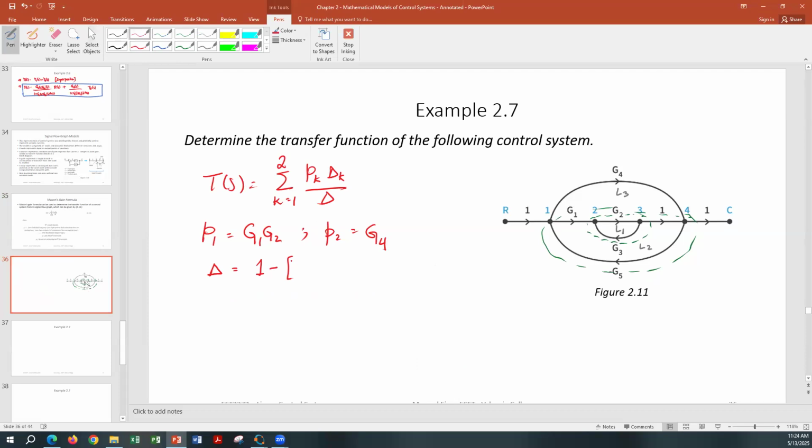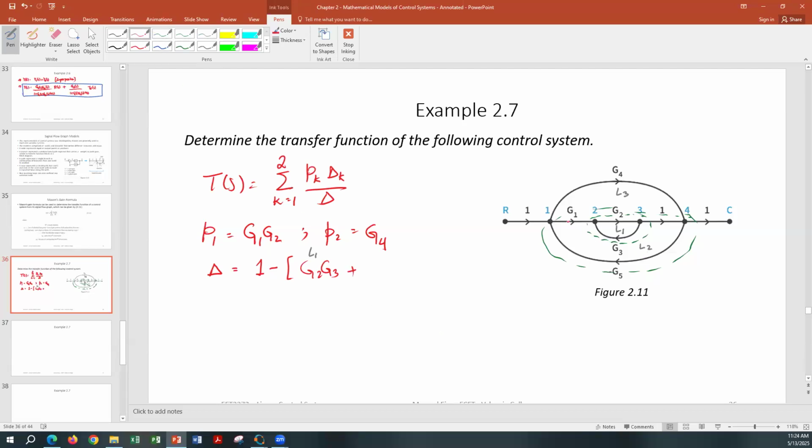So 1 minus the gain of loop 1, which is G2 times G3. This is loop 1.